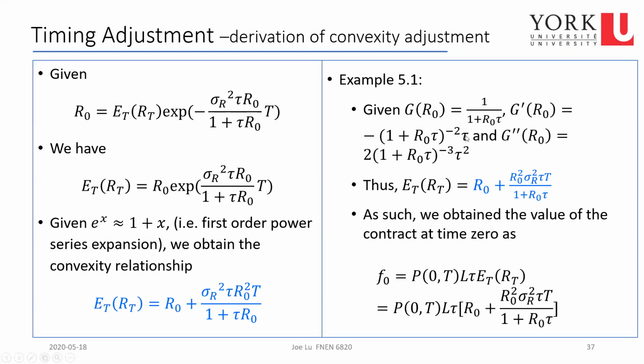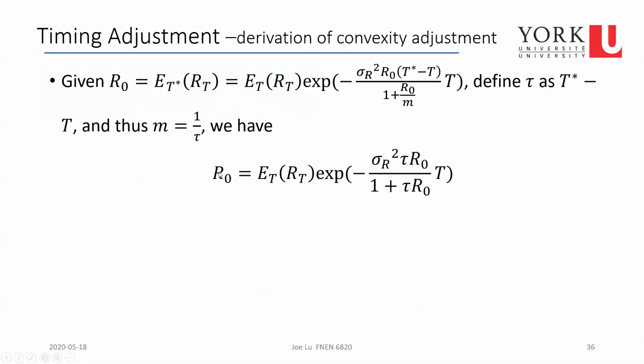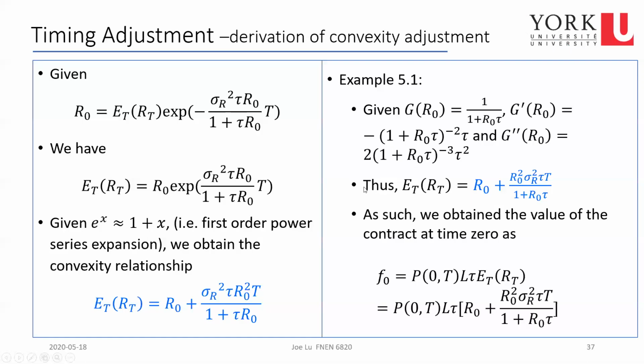In example 5.1, if we go through that convexity adjustment, we basically derive a form like this for the zero coupon bond. Now here, this expression is basically this, right? So to be consistent, we replace this T star minus T, and we have this expression, which I rewrote here.